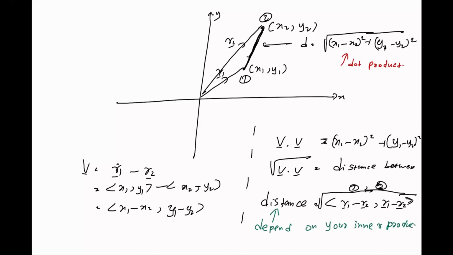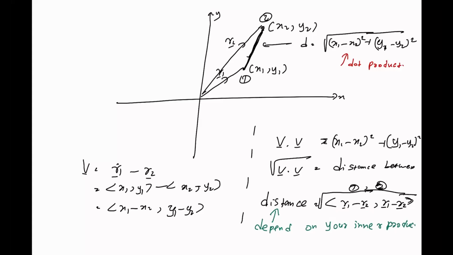Because one can use the Euclidean dot product, another can use another inner product which satisfies those three criteria. So you need to understand that if you are given two vectors and someone asks the difference between those two vectors, you have to use their defined inner product for that vector space. If they have not defined an inner product for that vector space, you have to use the Euclidean dot product, which is the default inner product we use if it is not mentioned.